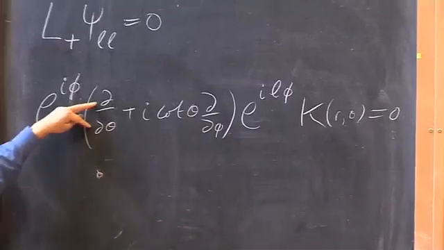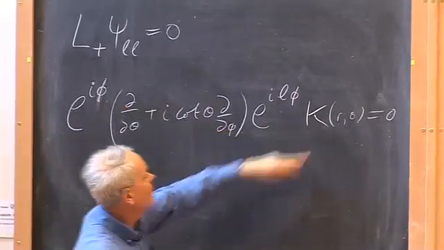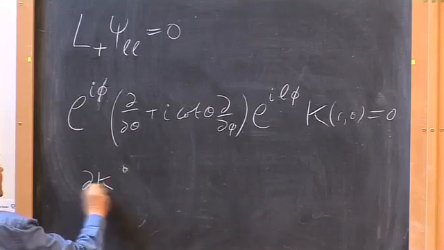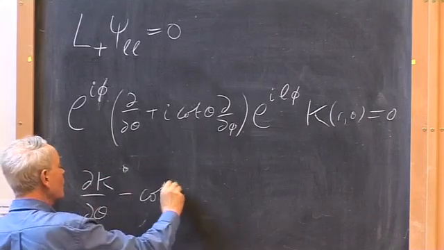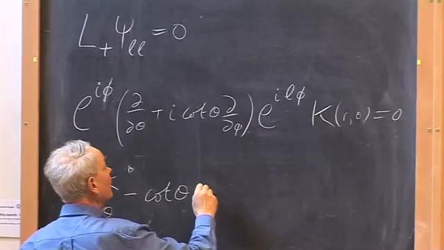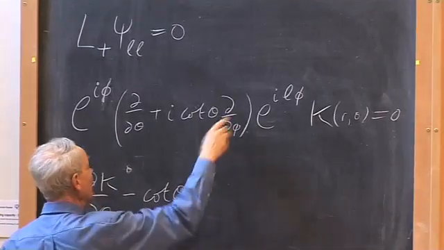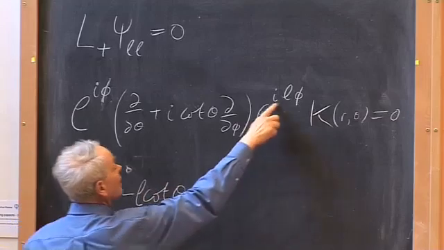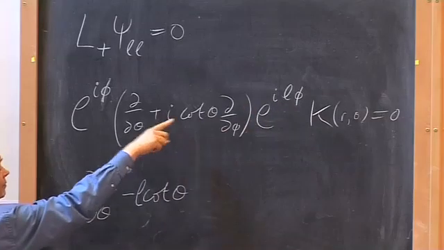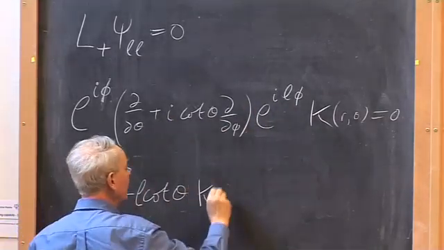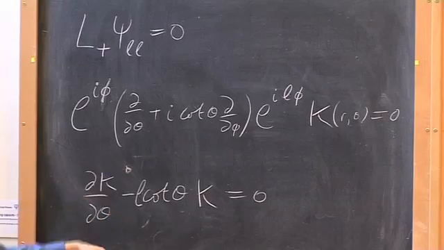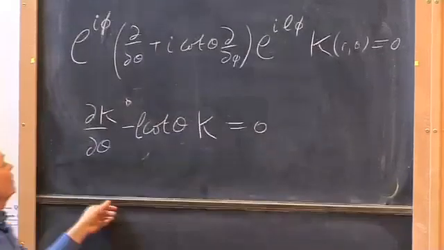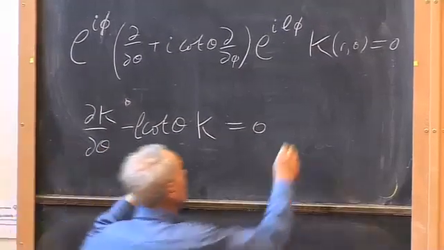This d by d theta term looks only at K. So we discover that dK by d theta minus cot theta, bringing down an iL, L cot theta K equals naught. Then there's a factor of e to the something or other phi, which we can cancel away. It's not interesting.